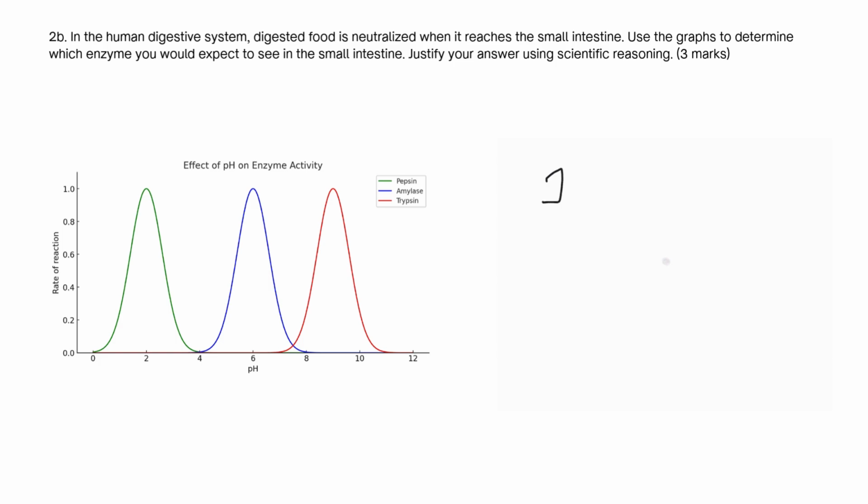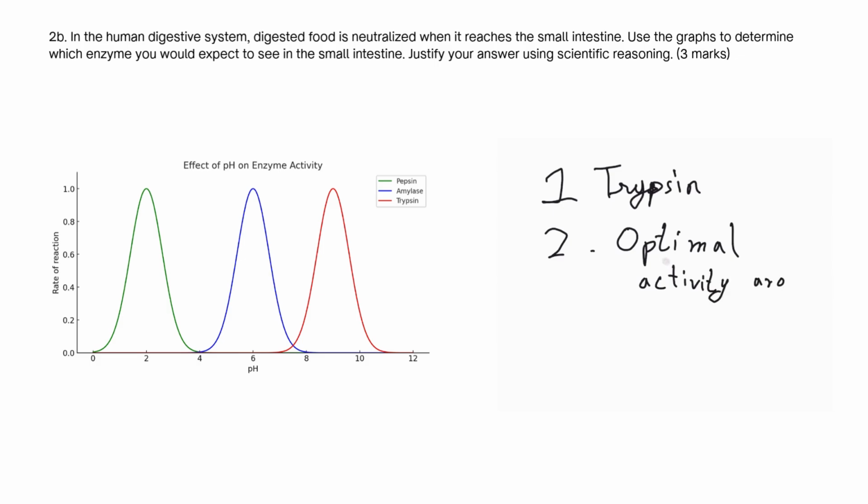So we need to write it's trypsin. And then we need to interpret the graph as well. We need to write that the trypsin has optimal activity around 9 pH, which is really basic.